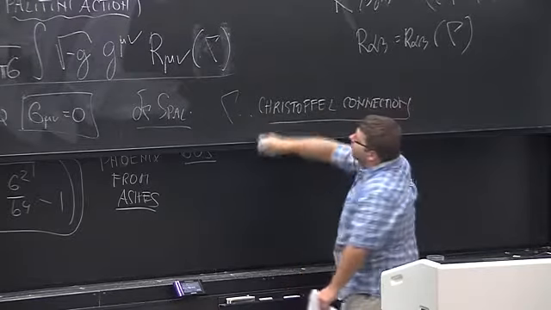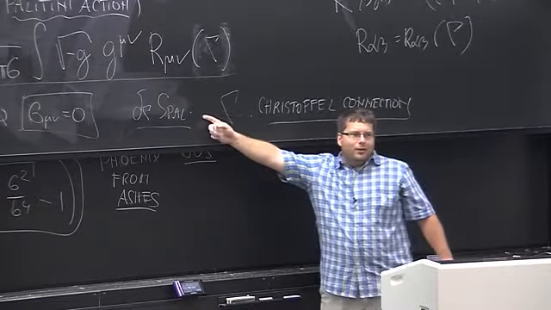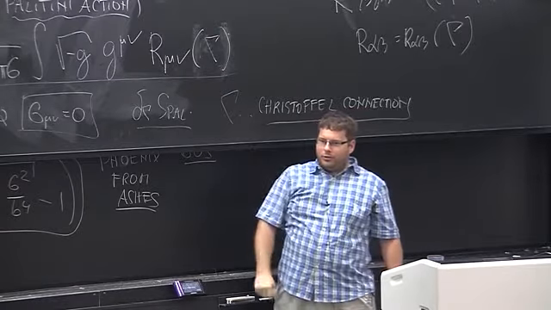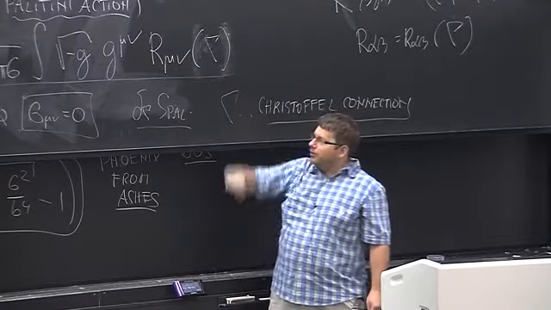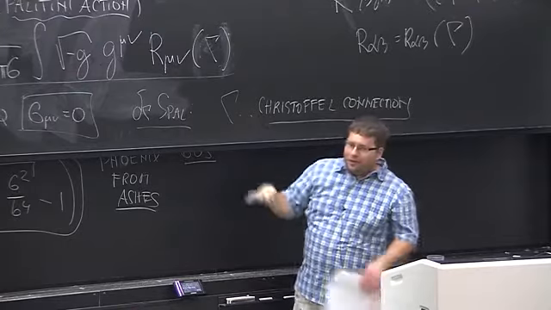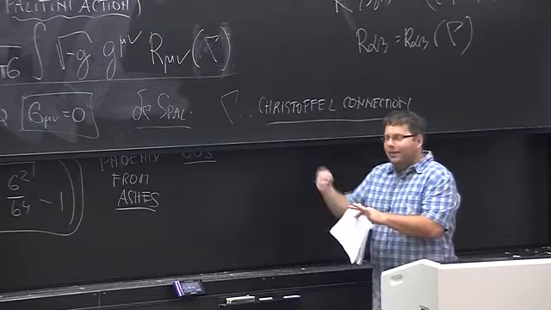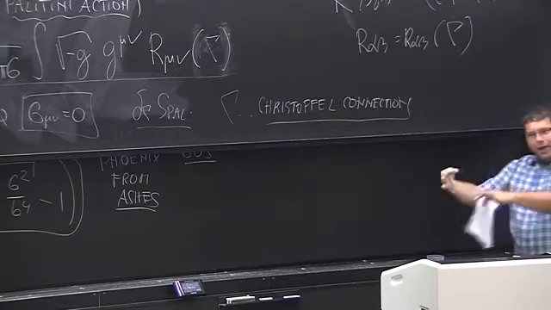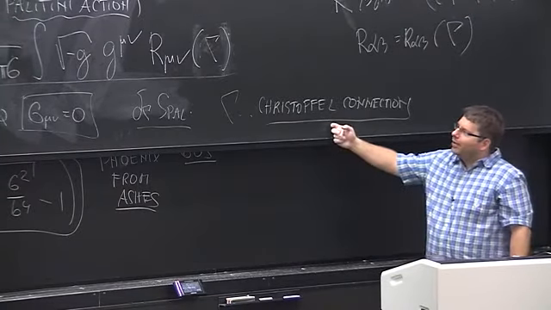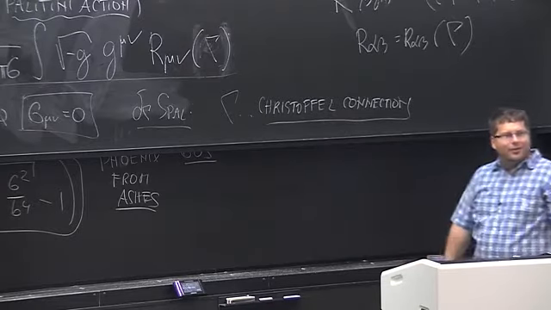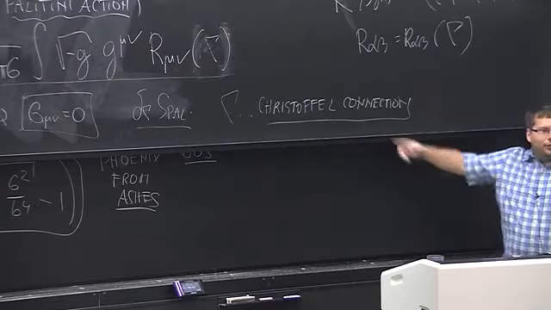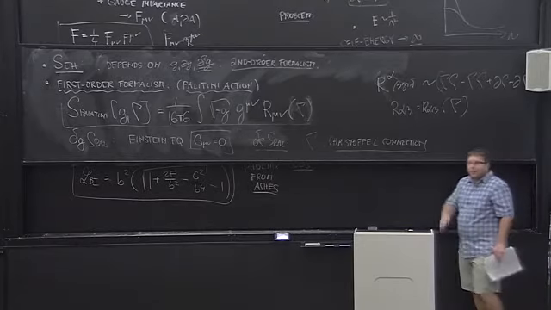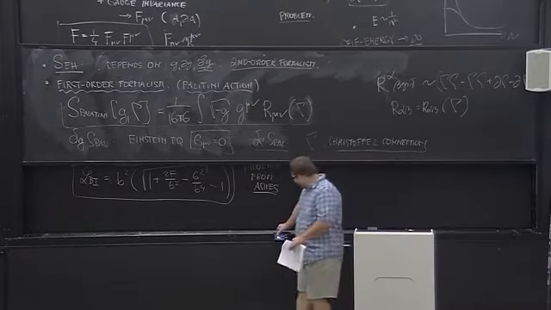So I don't know if that answers your question, but partly it should. The statement is, if I now vary this action with respect to the connection, I'll find that this connection is given by my familiar formula between the metric and the Christoffel symbol. So actually you can derive from this action that your gamma is a Christoffel connection. We can discuss if this doesn't answer your question.